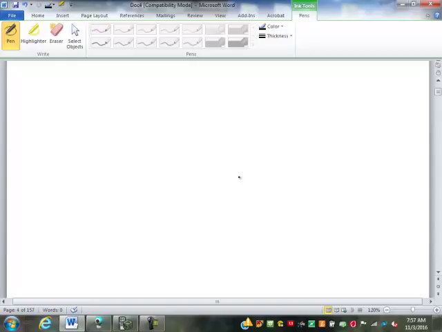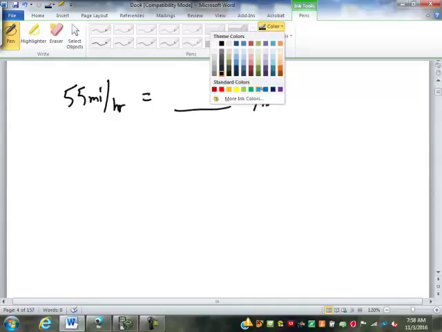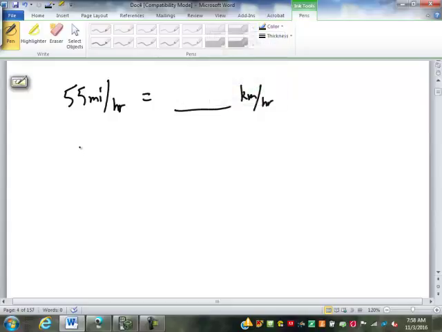So here's the thing. Right now on double S out here, the speed limit is 55 miles per hour. If we switch over to metric, what is that going to be in kilometers per hour to keep it equivalent? We'll do 55 miles over 1 hour. Again, we don't need to change the hours.